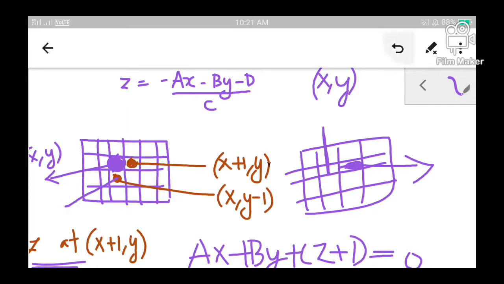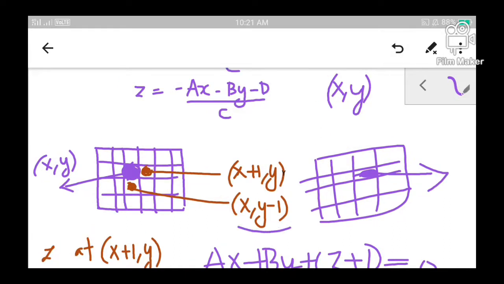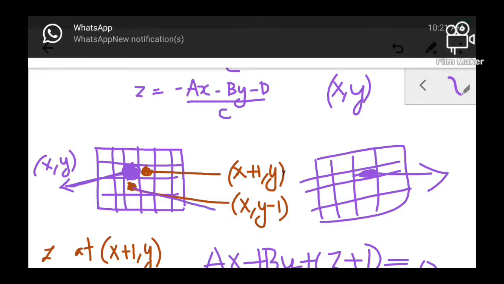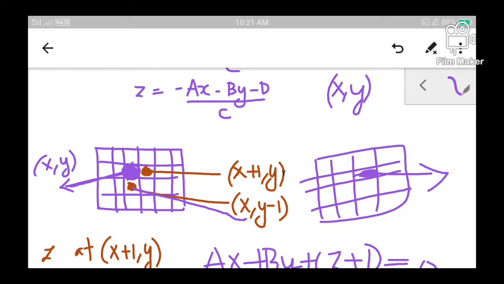So it can be termed as x y minus 1, because if this is xy, definitely this point belongs to the same column but a row below it. So definitely we can represent it as x comma y minus 1.